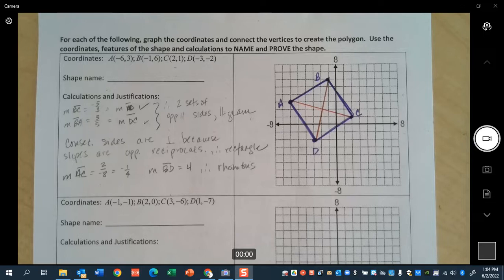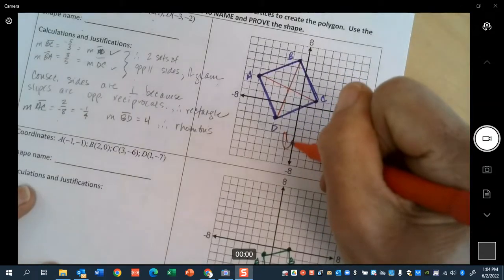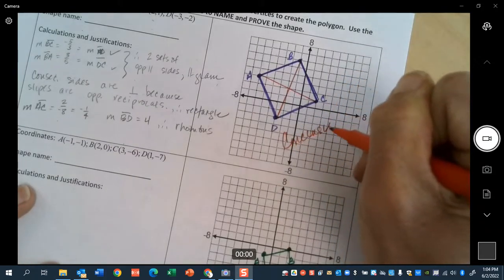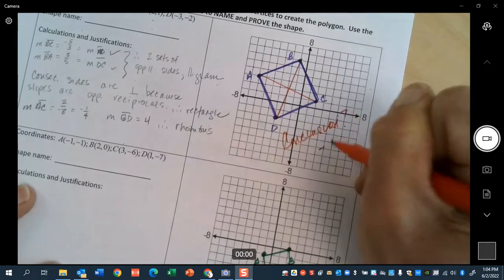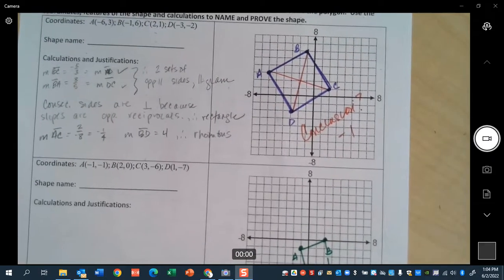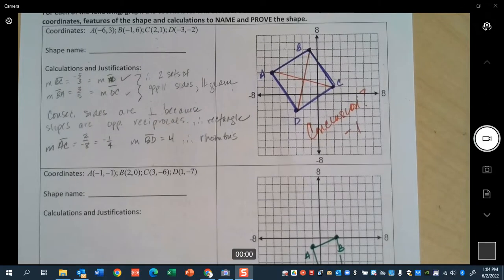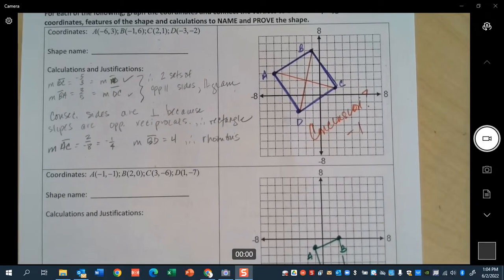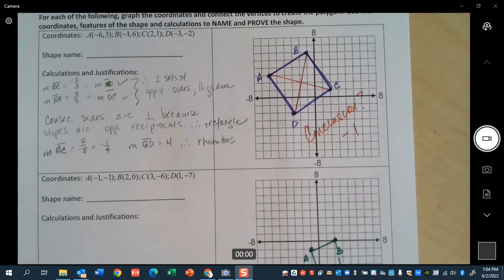Would you please, right now, with your partner, write a conclusion? How many of you had this on your paper? How many of you had a conclusion on your paper and you lost a point on our polygon test?